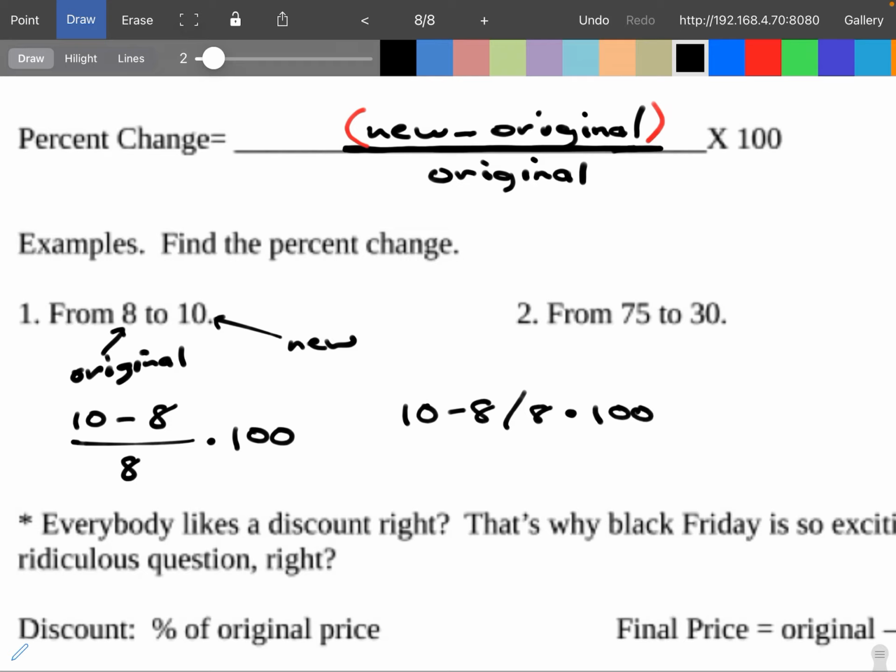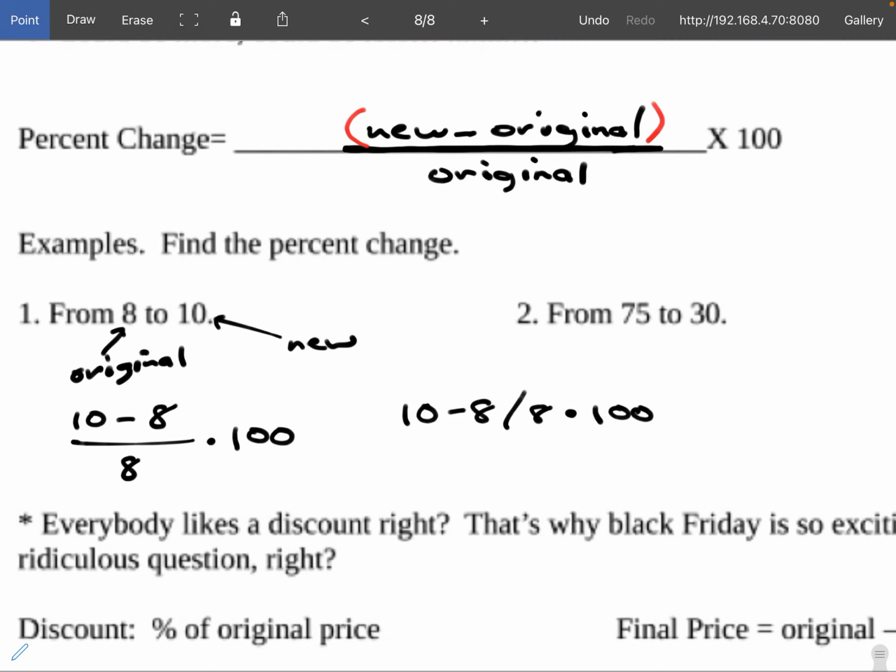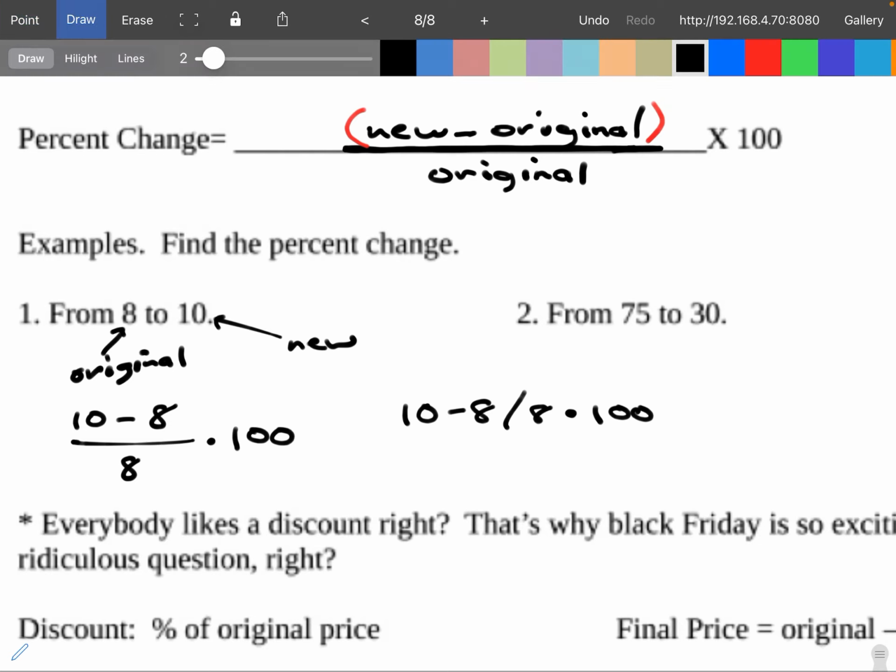And again, if you just did 10 minus 8 divided by 8 times 100 on your calculator, you would actually get the wrong answer. By order of operations, it would do this division before the subtraction, so only the 8 would get divided by the 8.